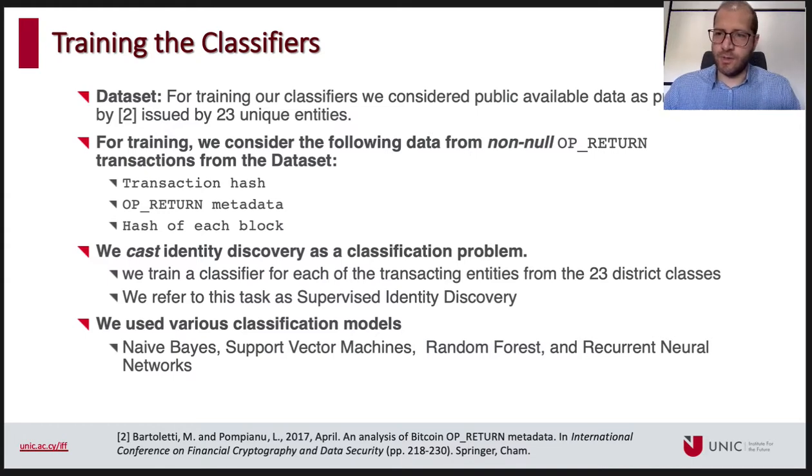So we observed the behavior of various classification models.